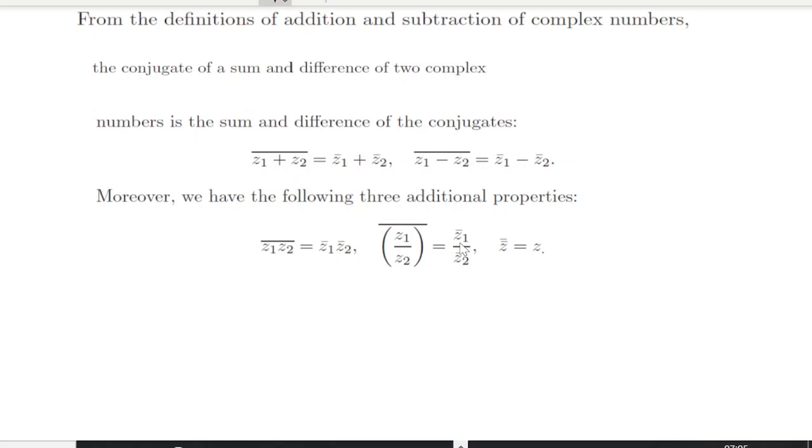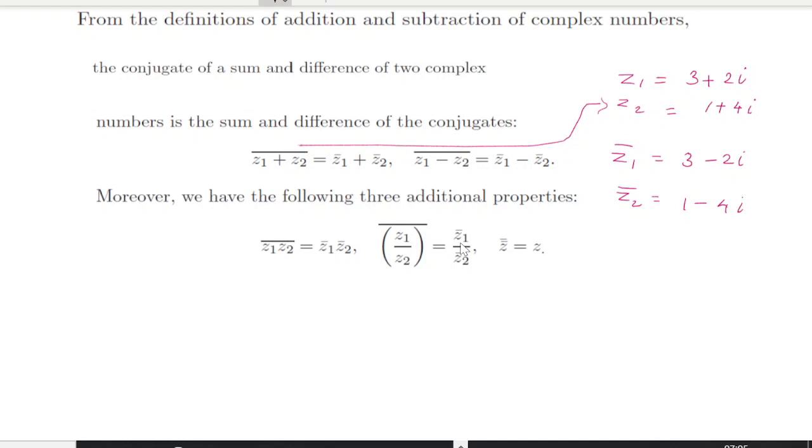That means, see, suppose I have z1 equal to 3 plus 2i and z2 equal to 1 plus 4i. Two complex numbers, right? Then what should be z bar? z1 bar is 3 minus 2i and z2 bar is 1 minus 4i.